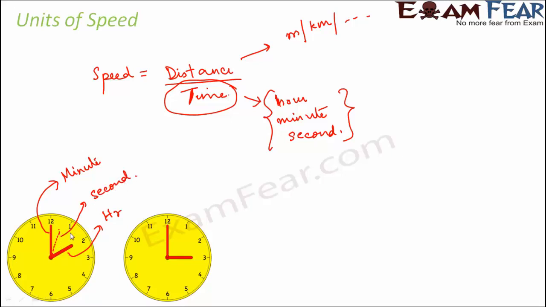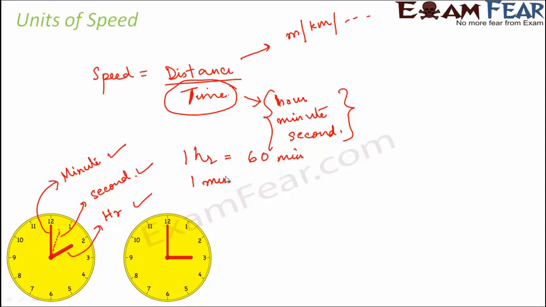Now the second hand moves with each second. The hour hand moves every hour. So from 2 it moves to 3 only after 1 hour. And the minute hand moves every minute. So that's how the three hands of the clock move. And there exists a relationship between these three units of time. Now 1 hour is equal to 60 minutes.